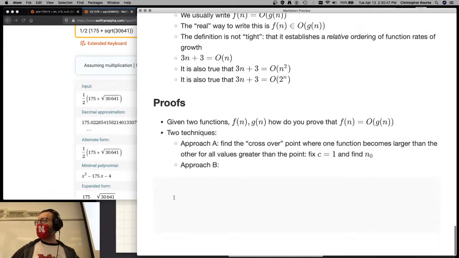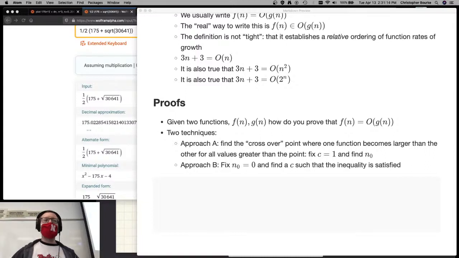Okay. So approach B. Well, if approach A was to fix C to be 1 and find n naught, the approach in approach B is to fix n naught and find your C. So fix n naught to be 0 and find a C such that the inequality is satisfied.